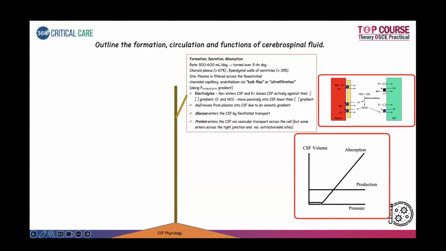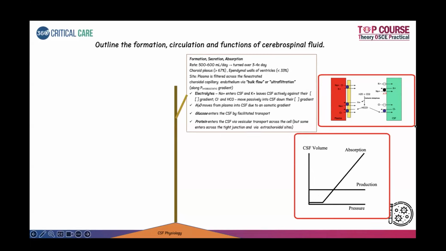Whatever you produce gets absorbed. But as the ICP increases, there is more pressure on the system to absorb more CSF. So the CSF absorption becomes exponential till a value where the pressure is too high, and then nothing can happen, like everything shuts down when the patient is brain dead or there is malignant intracranial pressure.